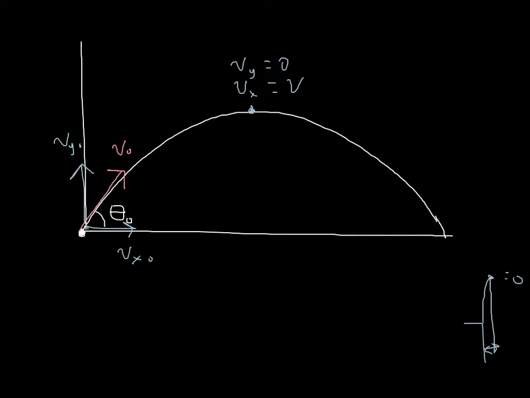And what's even cooler than knowing that the horizontal velocity is the only velocity that we consider here at the peak is that the horizontal velocity throughout the projectile's entire motion stays the same. Same for the whole motion.